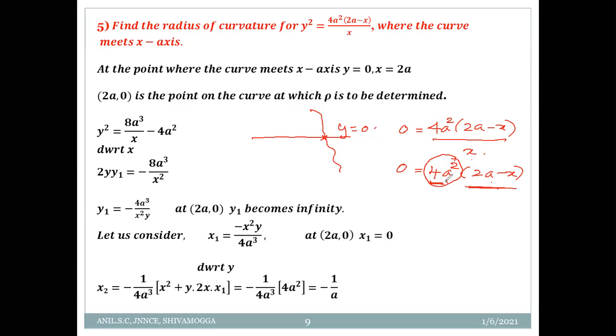Therefore, this product is greater than 0. You cannot make it 0. Therefore, 2a minus x must be 0. That means x is equal to 2a. Therefore, x comma y is 2a comma 0. This is the point of intersection at which we found rho. Clear?